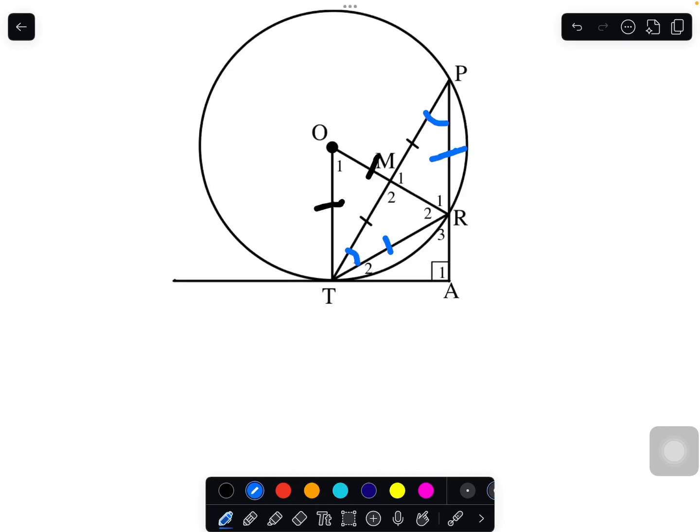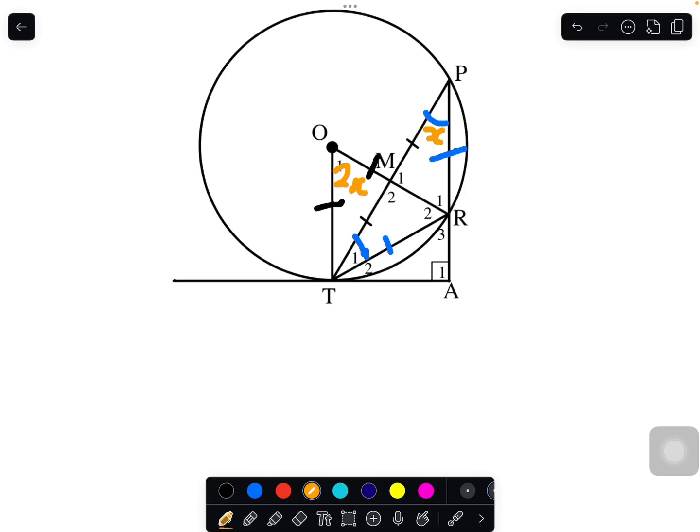So I'm going to try and prove that T1 equals the angle TPR, or angle P. What I do is first look at my diagram and see which angles I can see. I'm going to let P be a variable, so let's just let P be x. Now if P is x, O1 will be 2x.